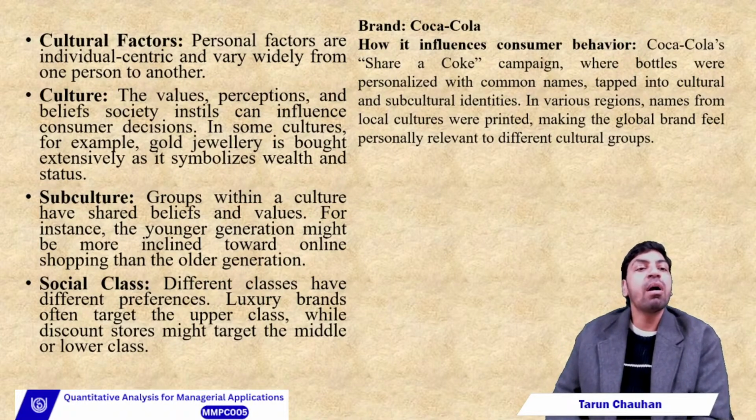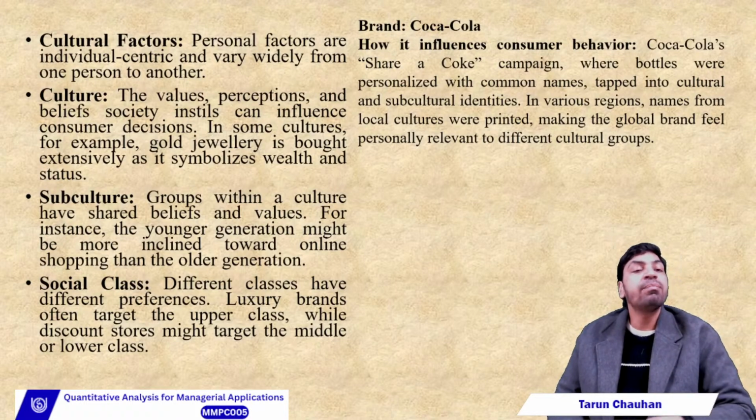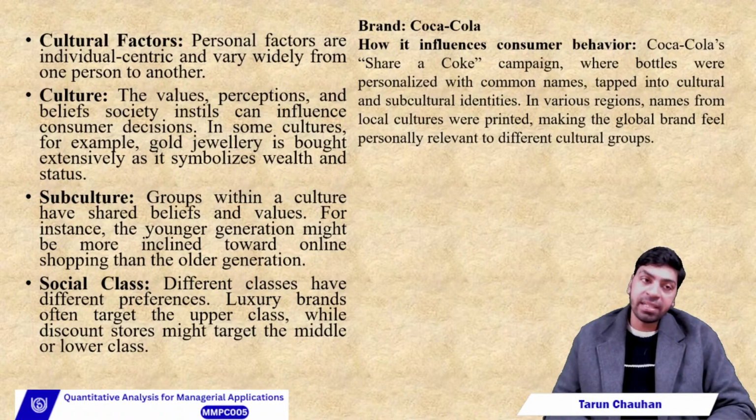When we talk about culture, we talk about the values, perceptions, and beliefs of society, and it always influences consumer behavior. In some cultures, for example, gold jewelry is purchased as it symbolizes wealth and status in society.